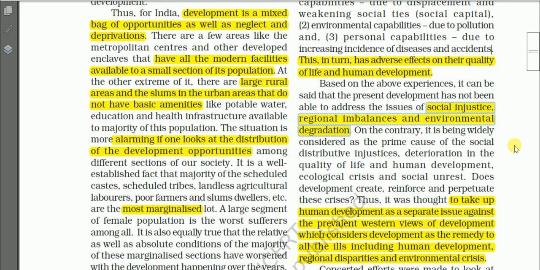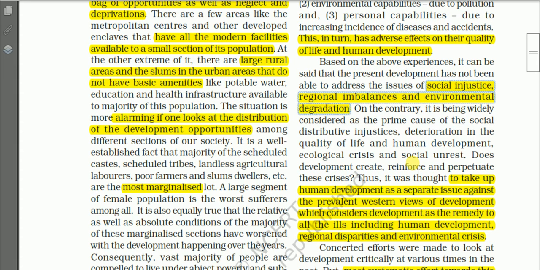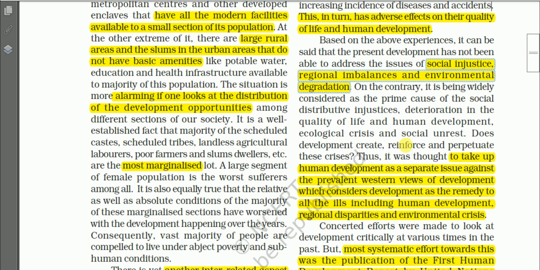On the contrary, it is being widely considered as the prime cause of social distributive injustices, deterioration in the quality of life and human development, ecological crisis, and social unrest.